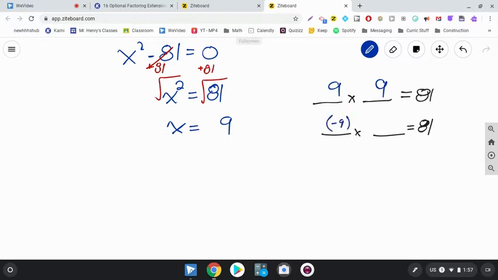But -9 times -9 also equals 81. So, and this is something a little awkward, if I ever introduce my own square root, I need to realize that it could be the positive or the negative version. So there's actually 2 answers. That's a little confusing, so I'm going to show you an easier way to make sure we get both answers.